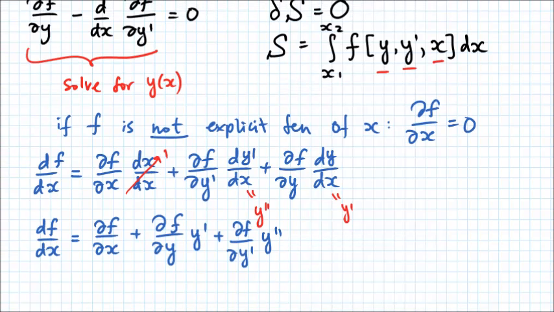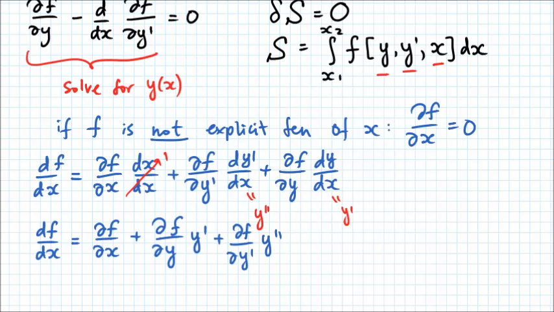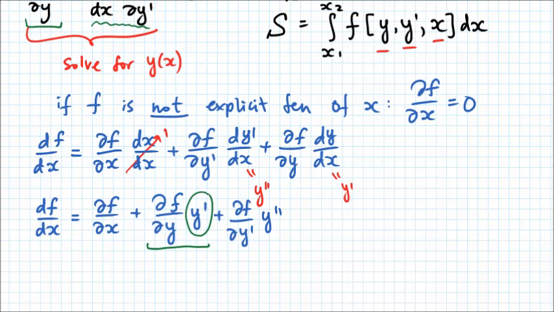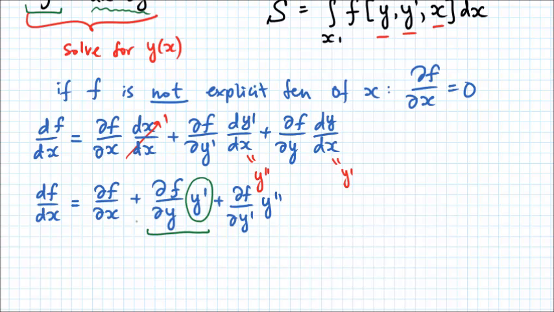Now, so far what we can see in here, is that the second term looks like one of the terms in the Euler-Lagrange equation, with the exception of this y prime. So, in hopes to acquire the second term in that equation, let's write full derivative of another product.